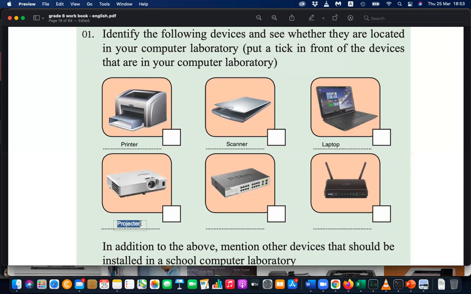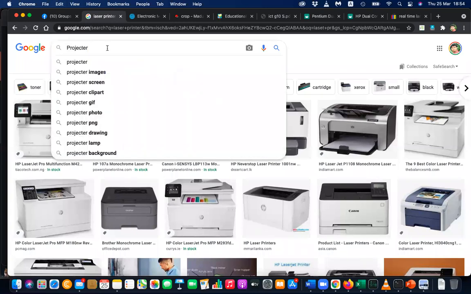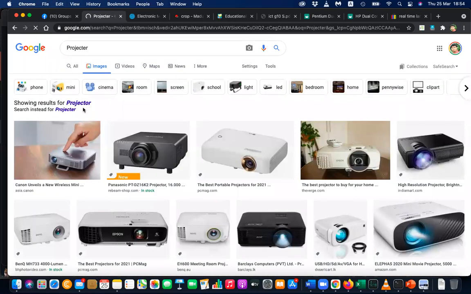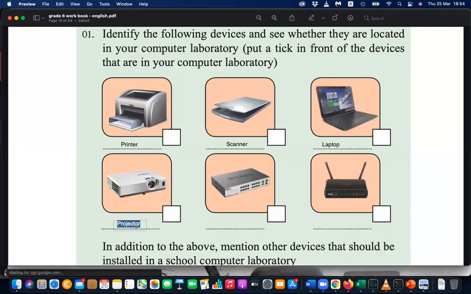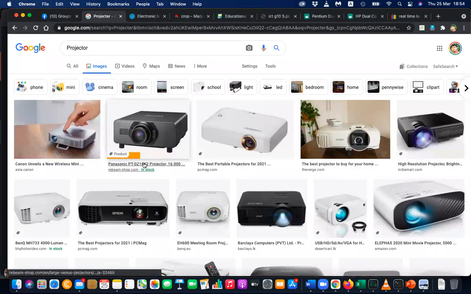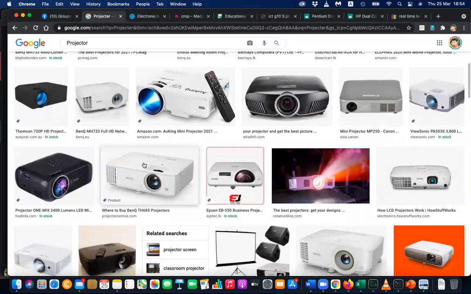It increases the size. Actually, it can project without a screen. It can project an image to some other surface. Okay, so that is the projector.